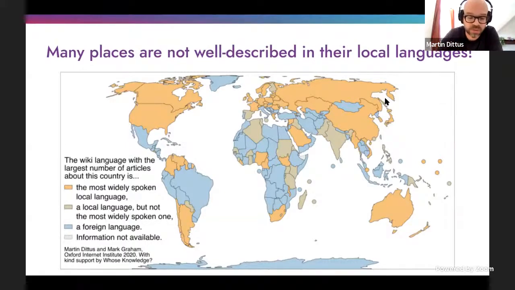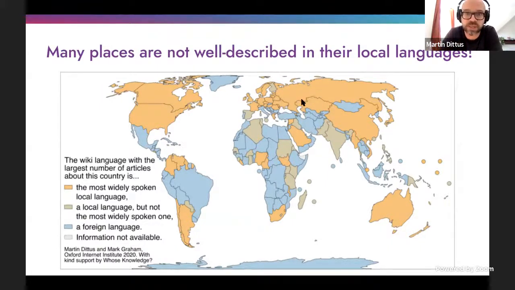So using this data set we mentioned earlier, the Unicode CLDR, we try to understand, first of all, which languages are spoken in which places in the world. And there are limitations for that, but it's a first estimate. And then we compared that with the amount of Wikipedia content that is available in those languages about those places. And this map here then categorizes them.